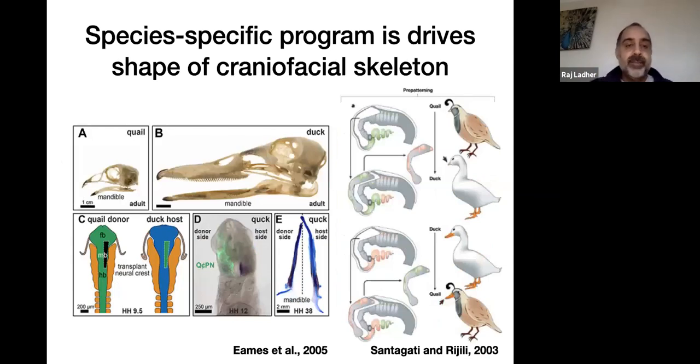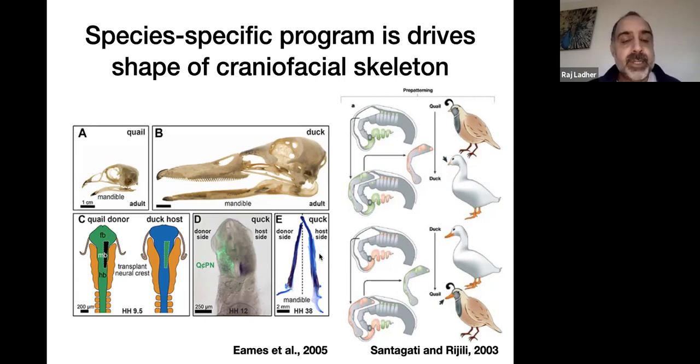More than that, we're talking a little bit about the plasticity of neural crest, but now let's talk about where it's not plastic. And so this is work from Richard Schneider. And what he's been able to show is the species-specific program of neural crest.